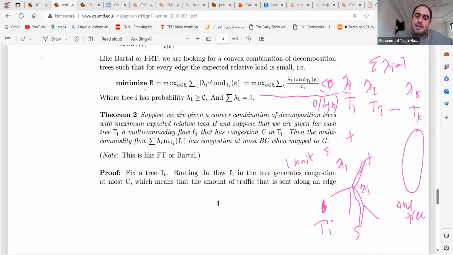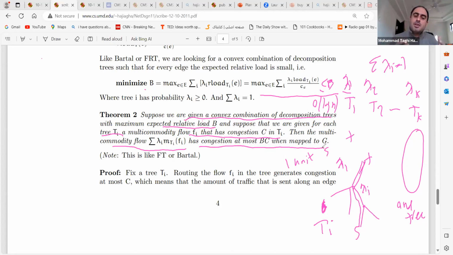So suppose that we are given a convex combination of decomposition trees with maximum expected relative load beta. And suppose that we are given for each tree T_i a multi-commodity flow that has congestion C in T_i. Then the multi-commodity flow has a congestion at most beta C when you map it to G.